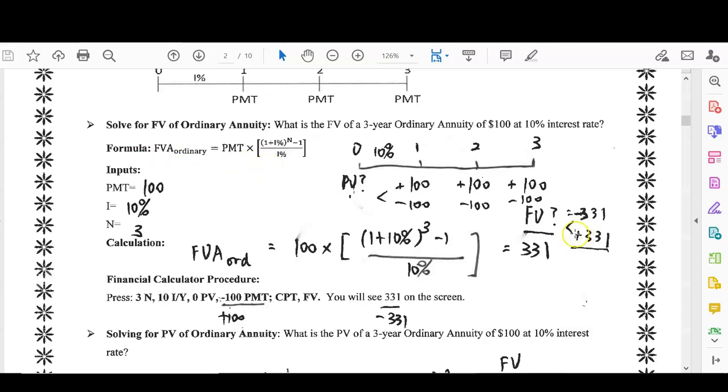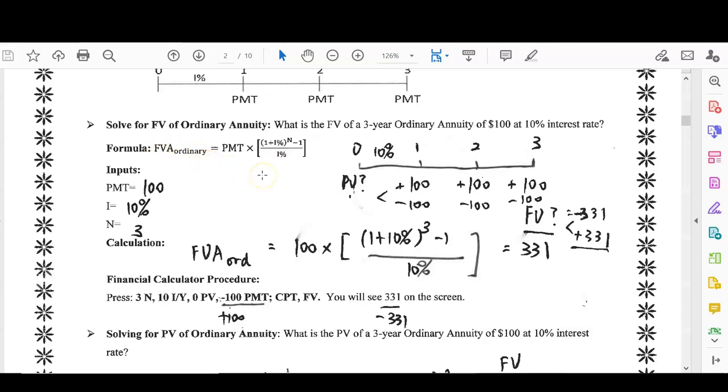Okay, basically, we treat the payments of the annuity as a geometric series, and we use the summation formula of geometric series, and that can be simplified into this format here. Okay, this is how we derive the future value formula for ordinary annuity.